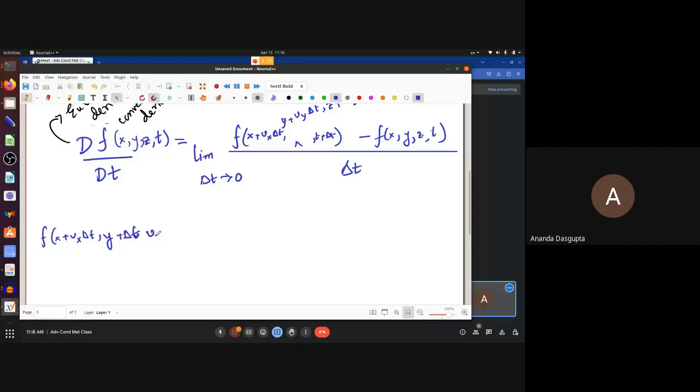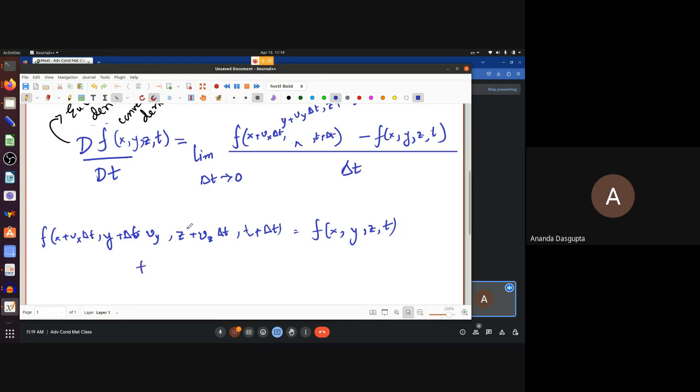And how much is that more than f of x, y, z? That's the question. And the answer is, all you have to do is use Taylor series. If you are doing Taylor series in multiple variables, you have 4 variables here, x, y, z, and t, and you are doing a Taylor series in all of them. And the answer is pretty straightforward.